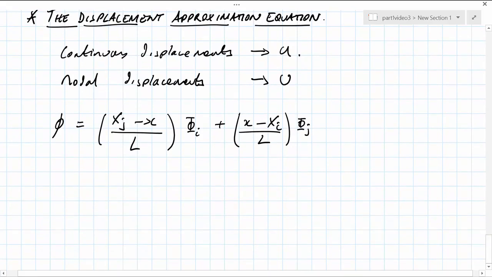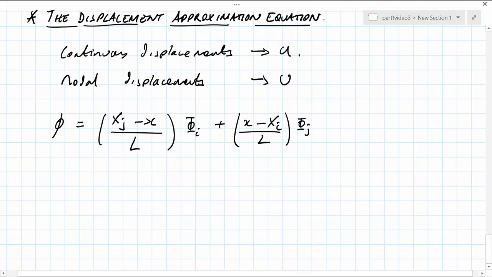For axial elements, the term phi is the displacement coordinate u, lowercase u. Accordingly, capital phi i becomes the nodal displacement capital Ui, and capital phi j becomes capital Uj.